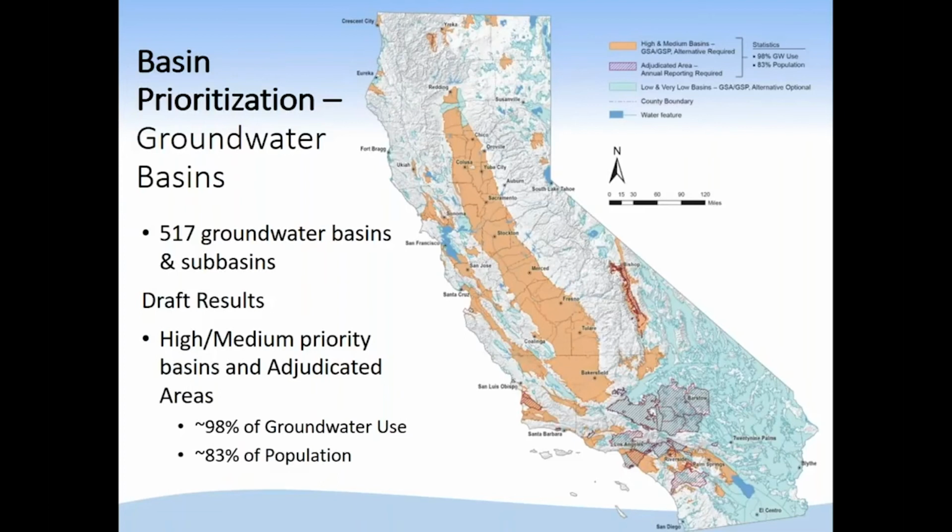Currently, based on these draft results, the high and medium priority basins and adjudicated areas represent approximately 98% of the groundwater use overlying or from those 517 groundwater basins, and represent approximately 83% of the population that overlies those 517 groundwater basins or subbasins.